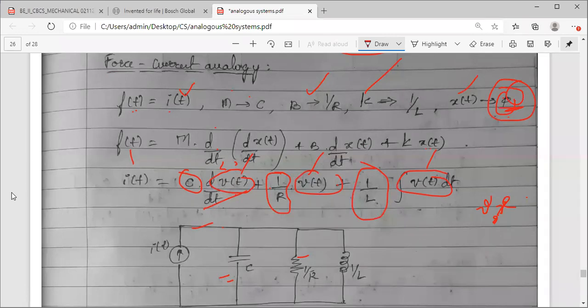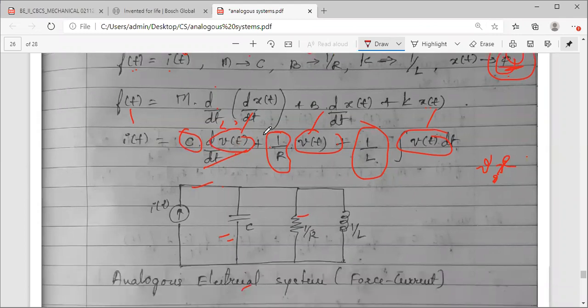This is the concept you have already studied, right? So in case of Kirchhoff's current law, you connect the things in parallel so that across the parallel network, voltage is same. That's why these three elements, C, 1 by R and 1 by L, have to be connected in parallel with this current source I of t. Okay, this is how the analogous electrical network we write for force current analogy.